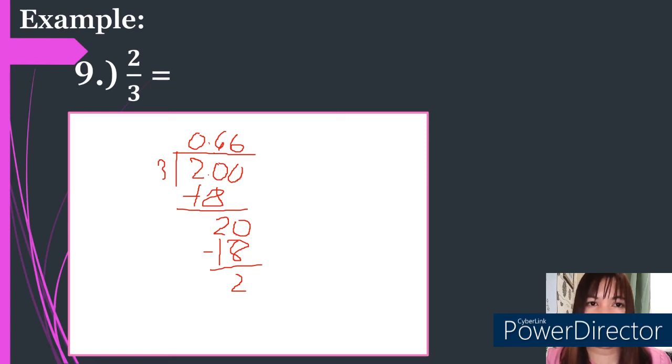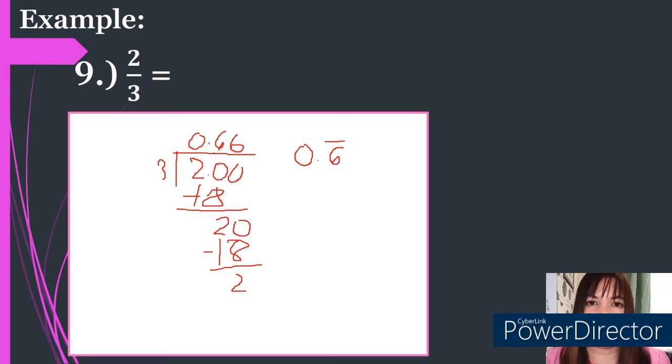And this is an example of a repeating decimal. Repeating decimal, meaning laging uulit lang po yung number niya, either 666, no? So, ang gagawin natin dito, we simply write 0.6, at kung saan yung naulit na number, doon tayo maglalagay ng bar kasi continuous siya. 0.66 to infinity siya.